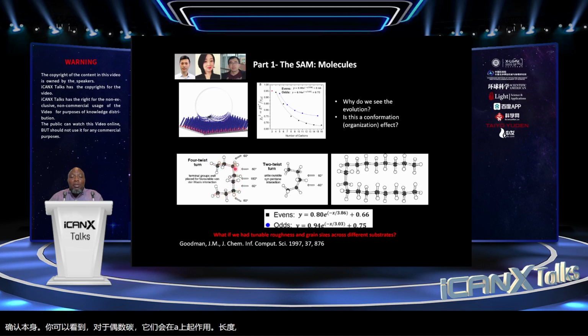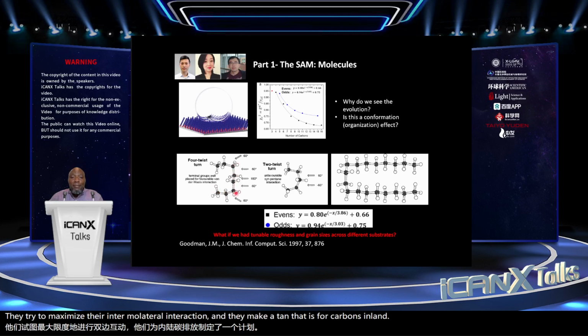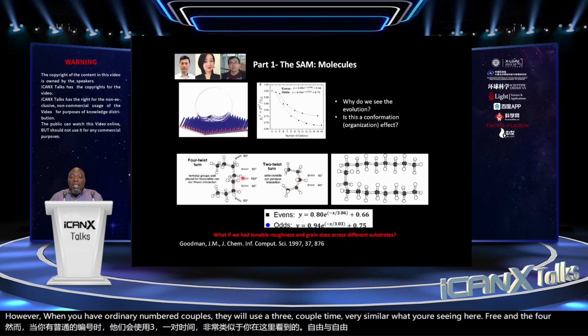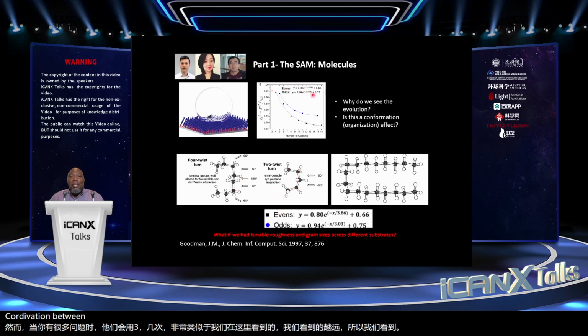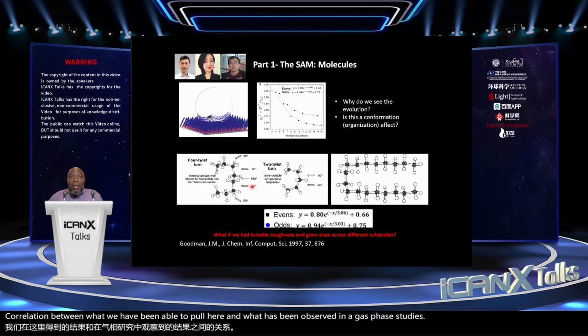They try to maximize their intramolecular interaction, and they make a turn that is 4 carbons in length. However, when you have odd numbered hydrocarbons, they will use a 3 carbon turn, very similar to what we are seeing here, 3, and the 4 that we are seeing here. So we see a correlation between what we are being able to pull here and what has been observed in gas phase studies.